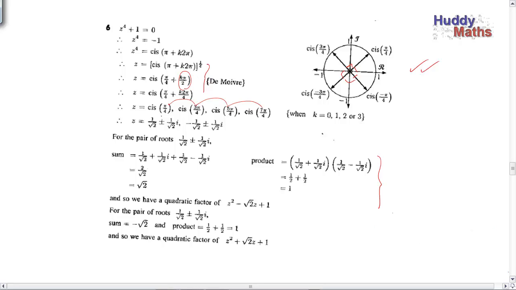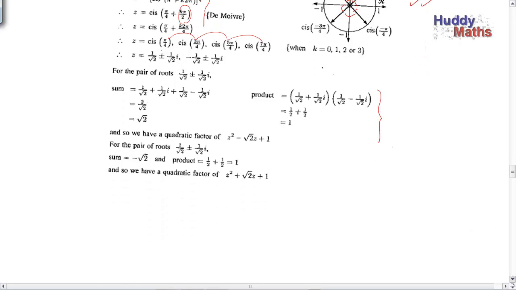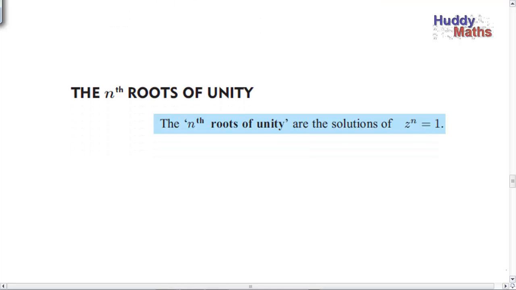Let's keep going. A little bit left to do with the roots of unity, and this is very, very important later on. We see this come up in a section called quadratic iterations. The nth roots of unity are the solutions of z to the n equals 1. Fair enough, and we've said you can solve this using factorisation, probably not past degree 3 because it's hard to do.